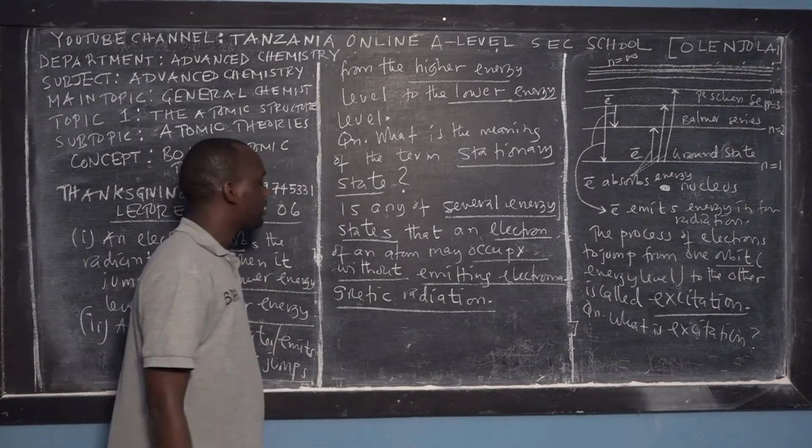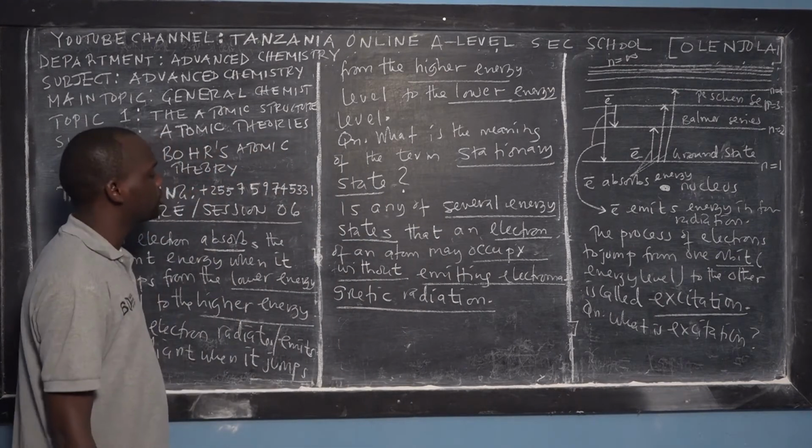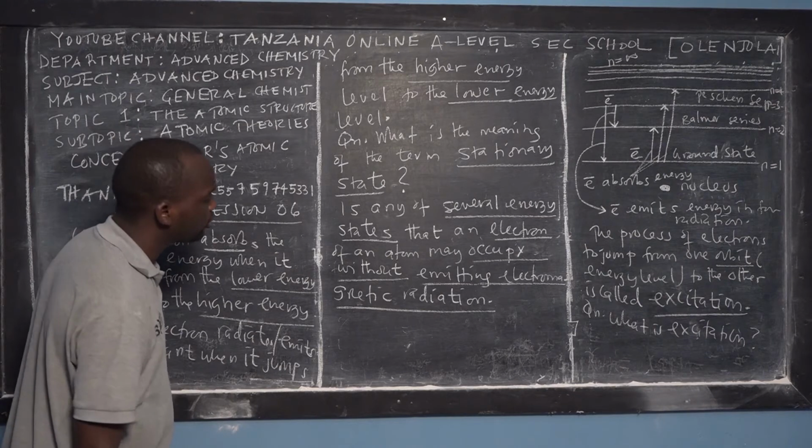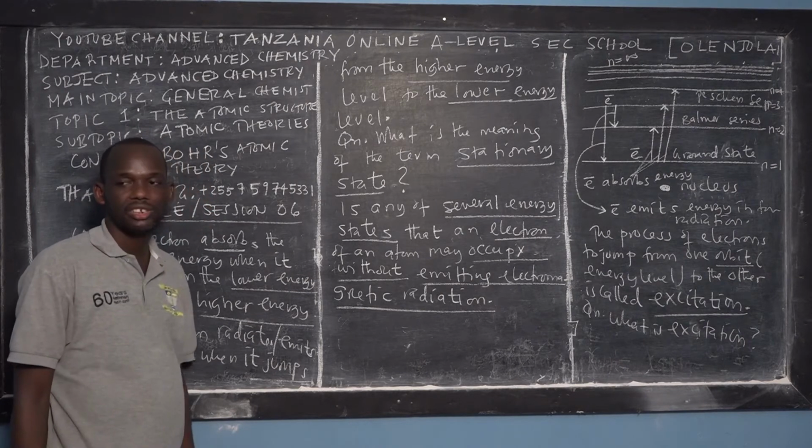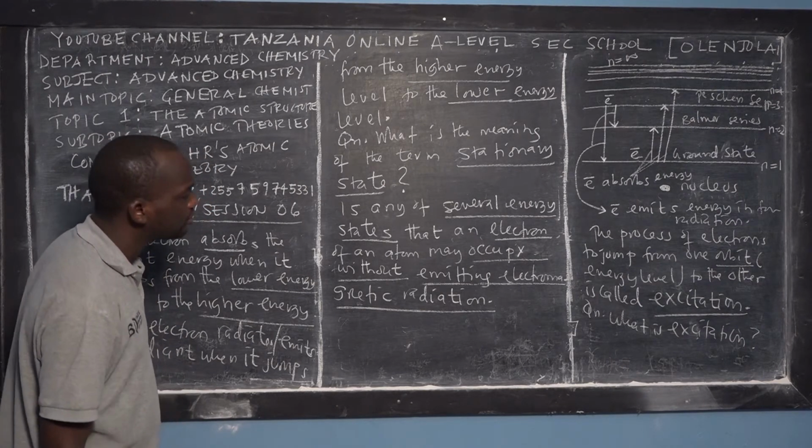So it's any of the several energy states that an electron of an atom may occupy without emitting electromagnetic radiation. That's the meaning of stationary state.